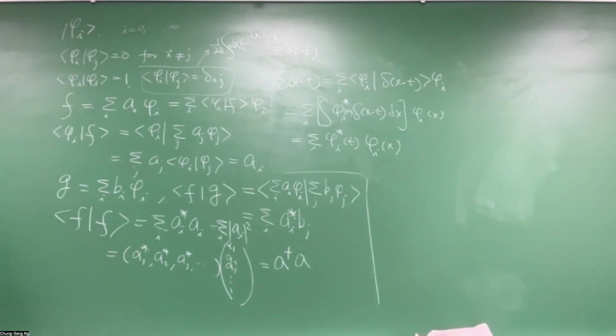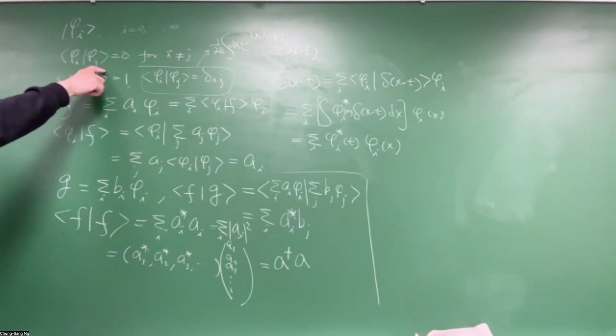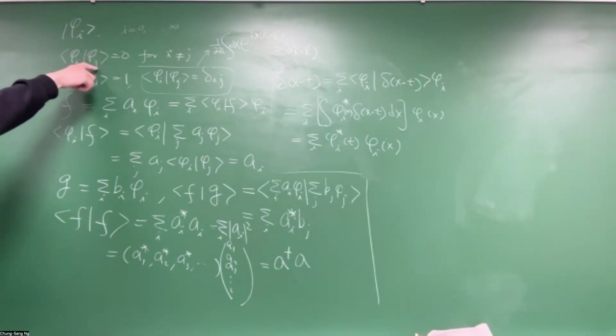And later on we'll define a bra vector just like that. So this orthogonality condition is just the scalar product between a bra vector and a ket vector. Altogether it's a bracket, so they call it bra vector and ket vector.